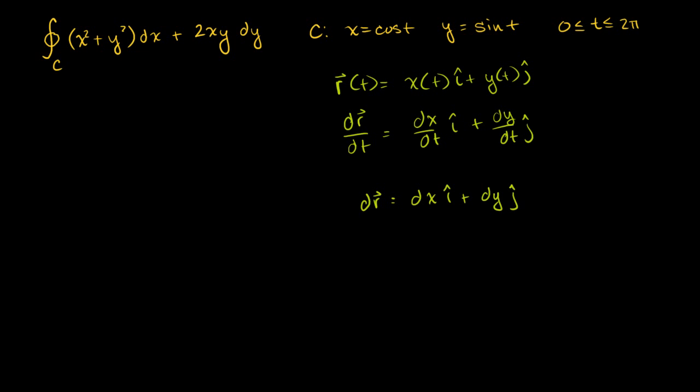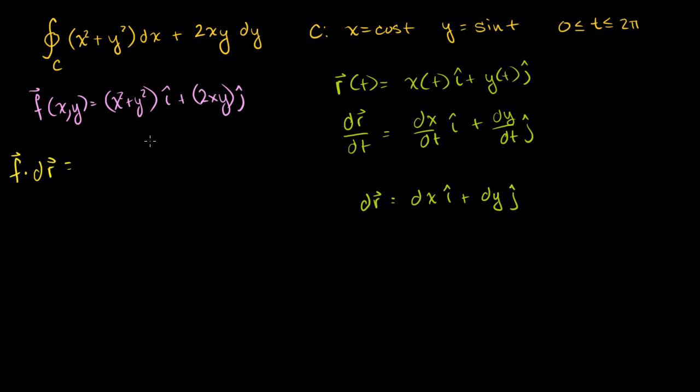So if we define our vector field f of xy as being equal to x squared plus y squared i plus 2xy j, what is this thing over here? Well, what is f dot dr going to be?